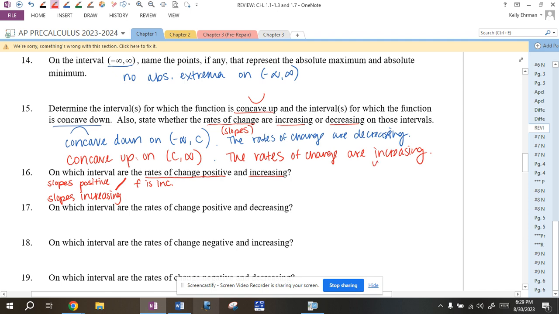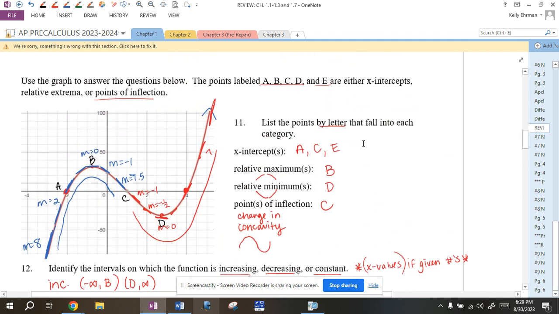Remember, slopes increasing equates to concave up. F is concave up. Go find the section on the graph that is increasing and concave up. Increasing and concave up, right there, from D to infinity.